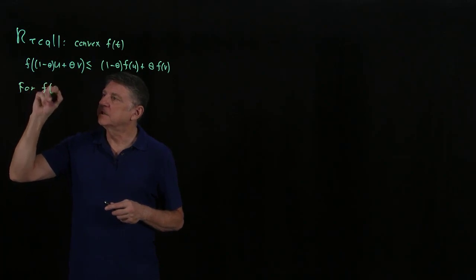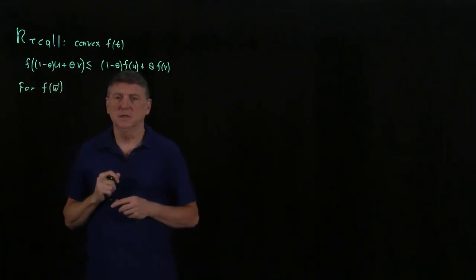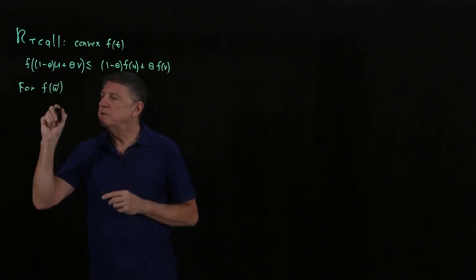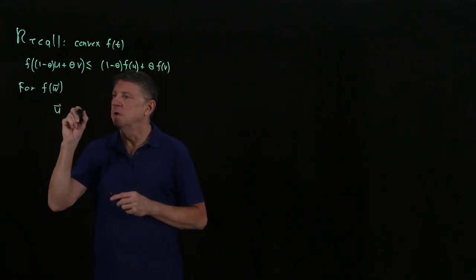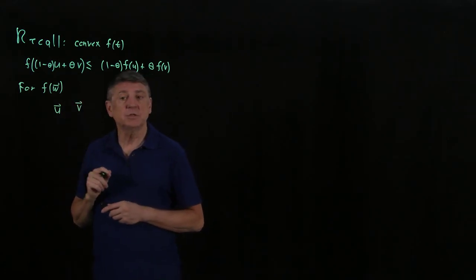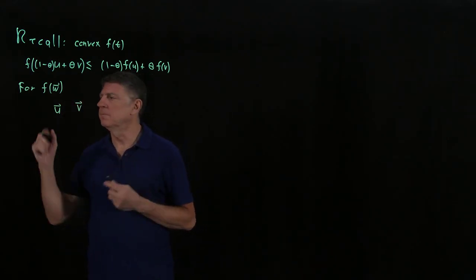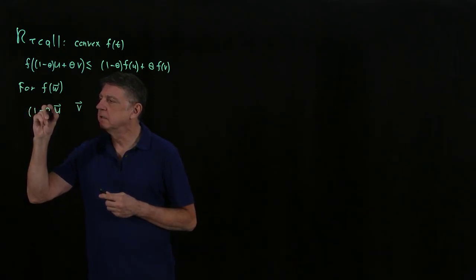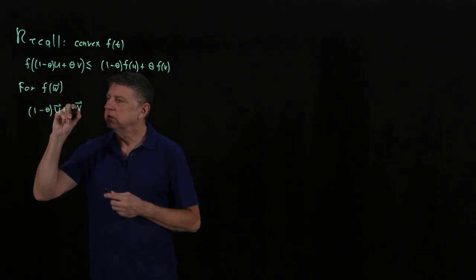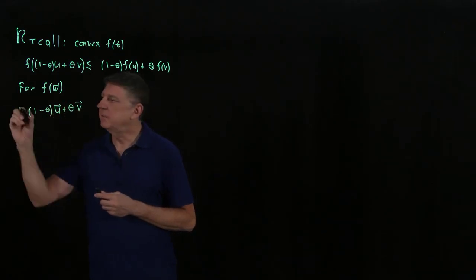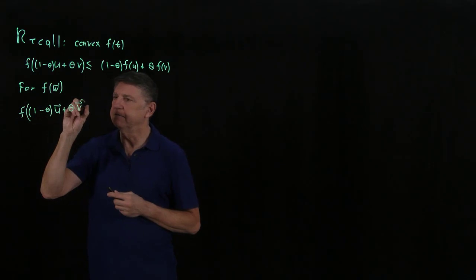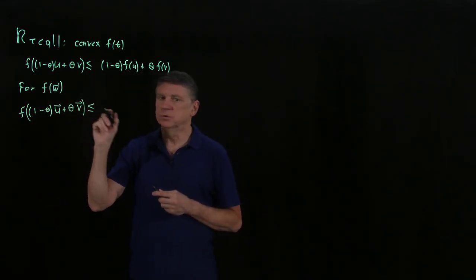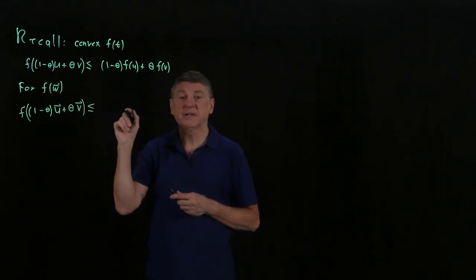So for a function that has a vector argument, it turns out that this is a really direct generalization. What we do is we have a vector u and a vector v, and we use the same reasoning as before. That is, if we linearly interpolate between these vectors, and we evaluate at that interpolated vector, that is less than or equal to the result of doing the linear interpolation of the levels.